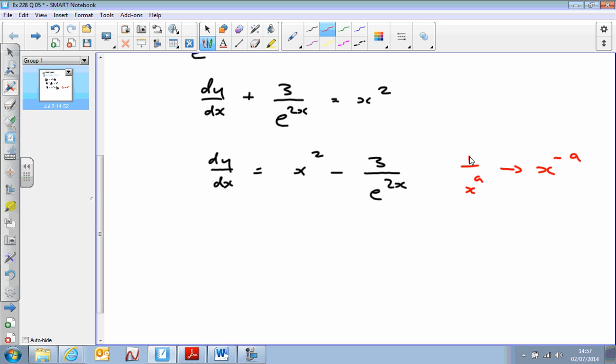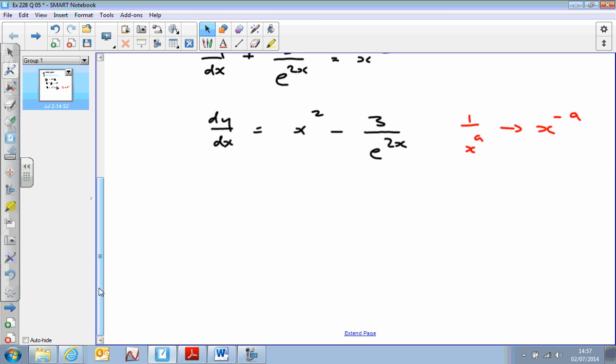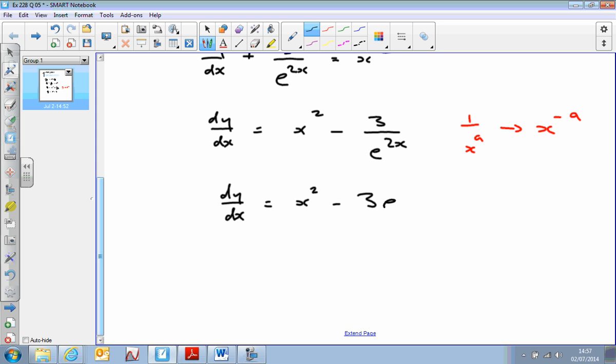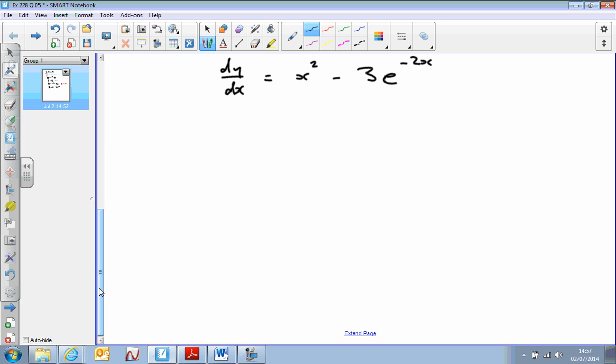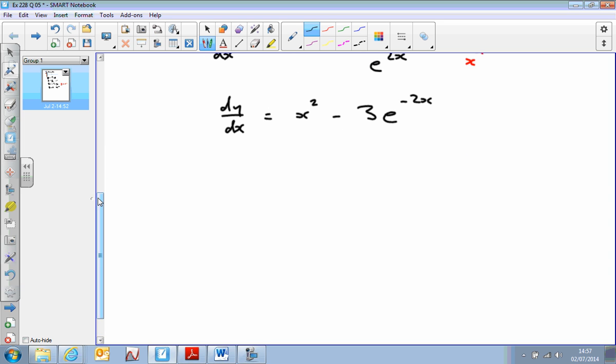Remember, that's one of the laws of indices. So using that, I can say that dy by dx equals x squared minus 3 e to the minus 2x. Now it's in a state where I can integrate it.